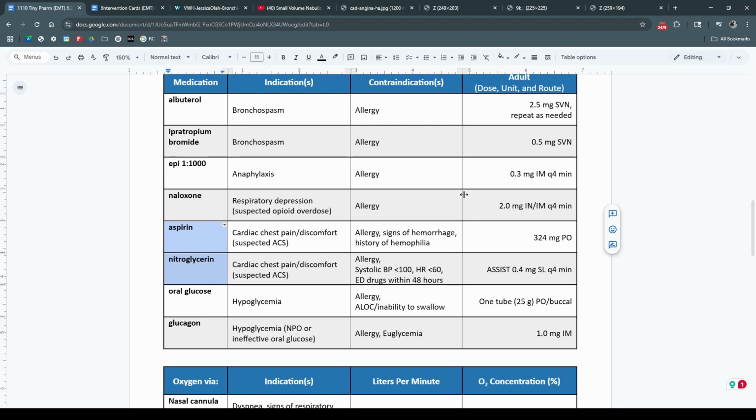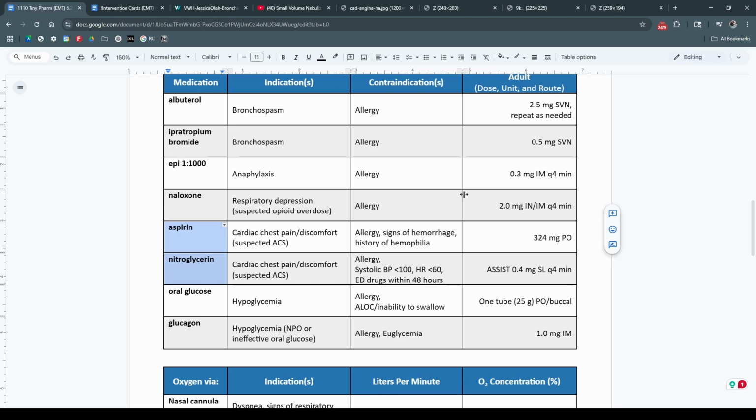Even though nitro doesn't boast such life-saving statistics, in theory, it's helpful because not only will it reduce the pain, but ideally it helps blood flow through. But again, it comes with so many more common contraindications that we should be very careful about giving it. If you're keeping track, aspirin can largely be given in our primary assessment because all we have to do is ask, hey, are you allergic to this and are you bleeding anywhere?